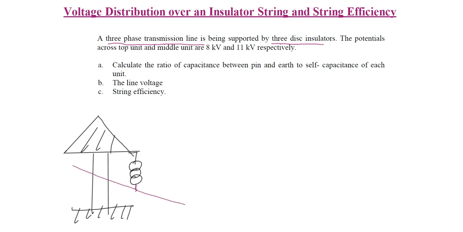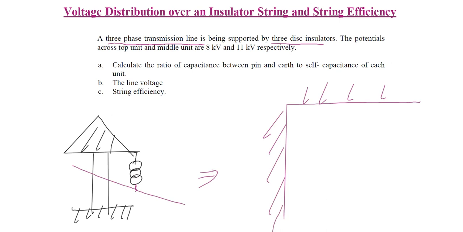It's supported by this string, which is made up of disc insulators, and its electrical equivalent diagram will look like this. This is our power, and here we have three discs. So each disc is represented by its self capacitance C, and then we have the line.